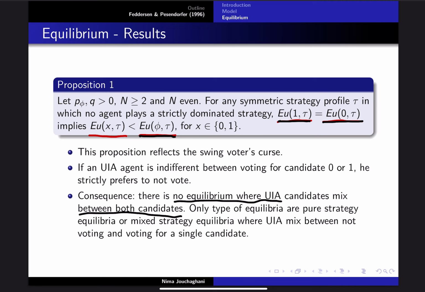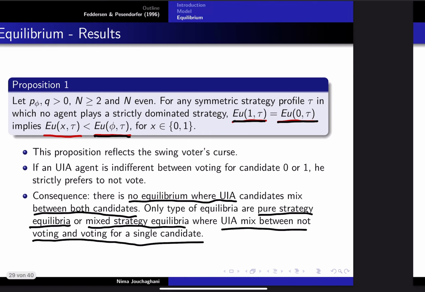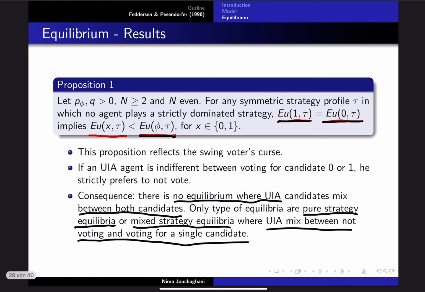So the only possible equilibria are pure strategy equilibria, where you vote for one of the candidates with certainty, or mixed strategy equilibria where an uninformed independent agent mixes between not voting and voting for a single candidate. This is proposition 1, which restricts the set of possible equilibria that we need to consider in this model.